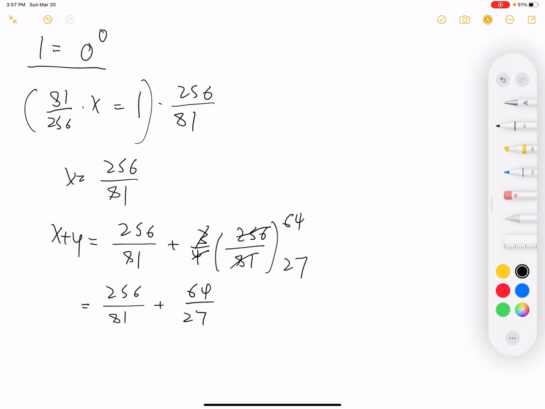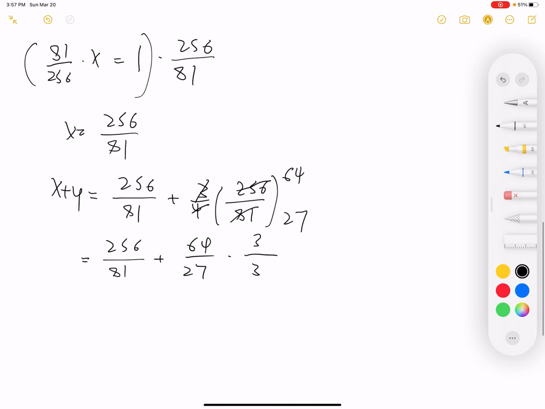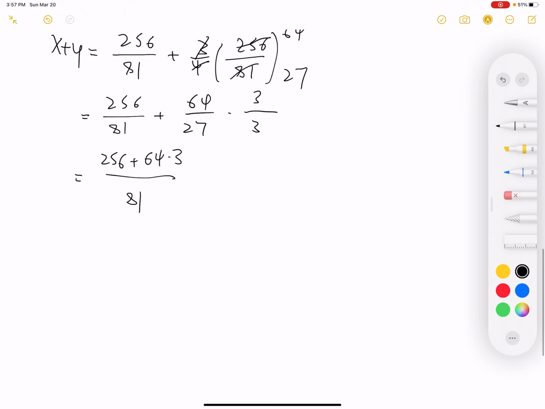Now if we multiply the top and the bottom by 3 over 3, we get our common denominator, which is 81, and 256 plus 64 times 3, and 64 times 3 is simply 192.